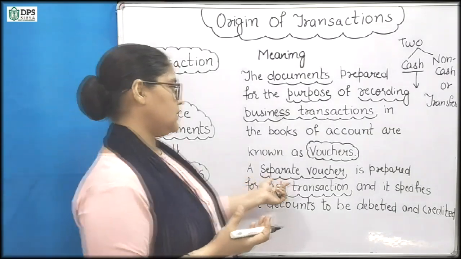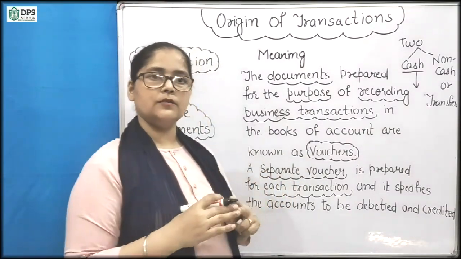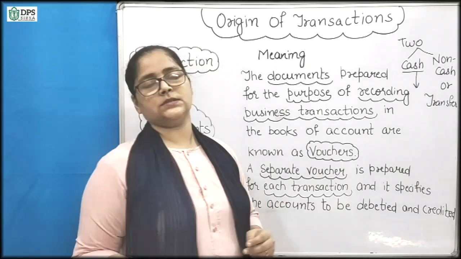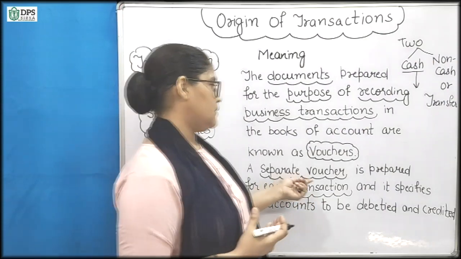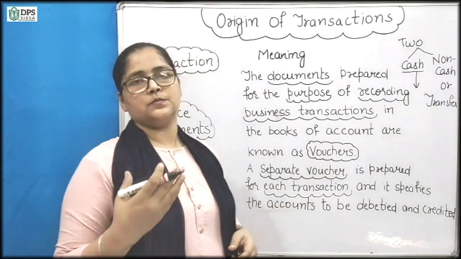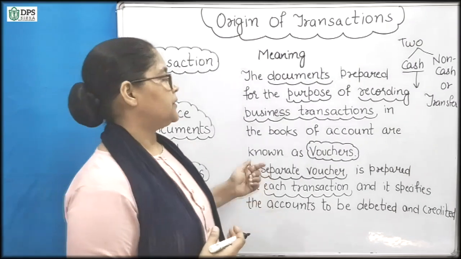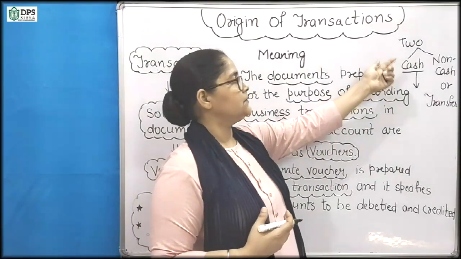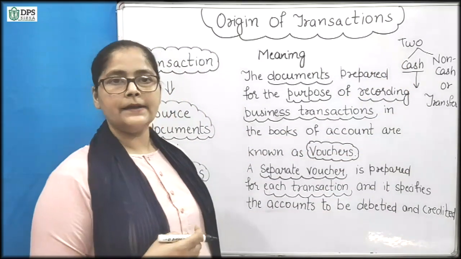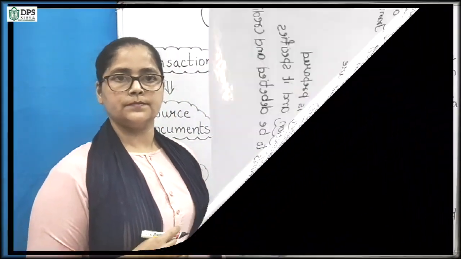A separate voucher is prepared for every transaction, and in vouchers we write what is being debited and what is being credited. First of all we will start with the types of vouchers: cash voucher and non-cash voucher.